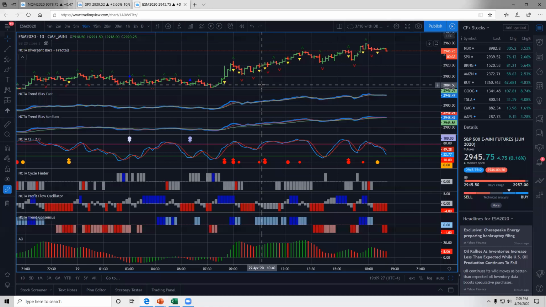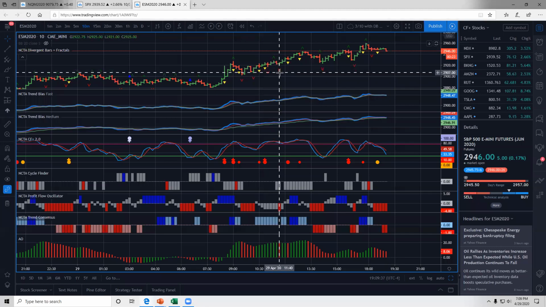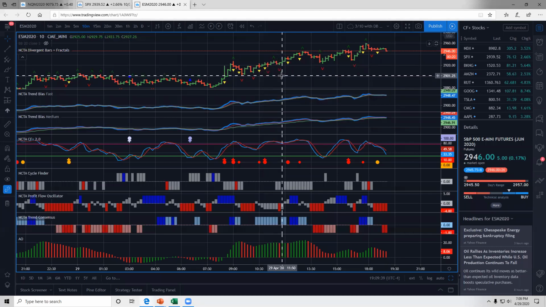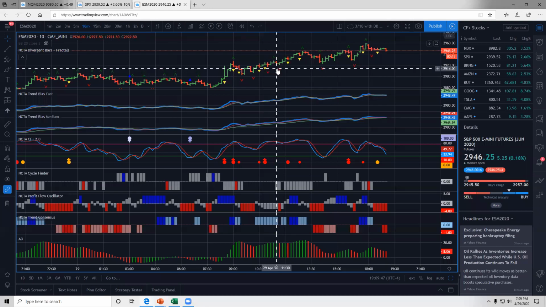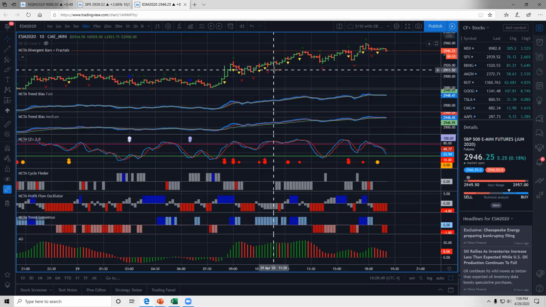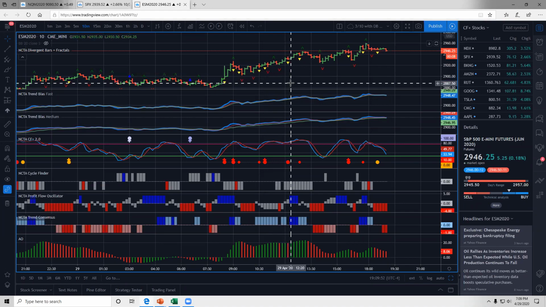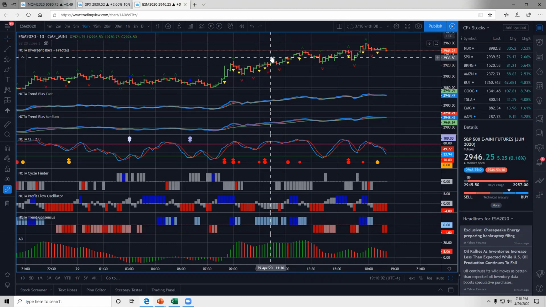I won't get into teaching that as a concept here tonight, but the importance of the fractal is that if the price breaks above or below an identified fractal, it can mean that there's going to be a continuation of movement in that direction. If the price moves up to the fractal and reverses, then that can be interpreted as a level of resistance, or if it moves down to the fractal and reverses, it can be viewed as a level of support. So that's the green and the red V's here.